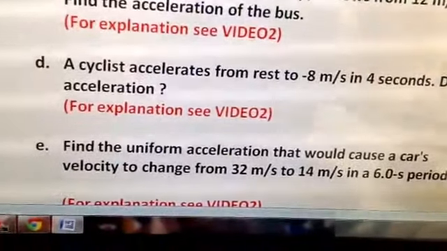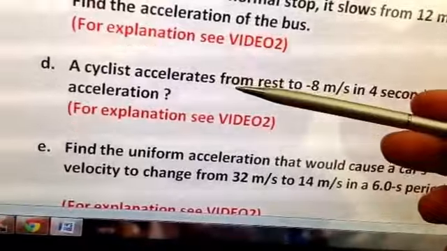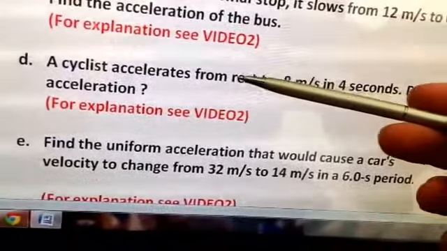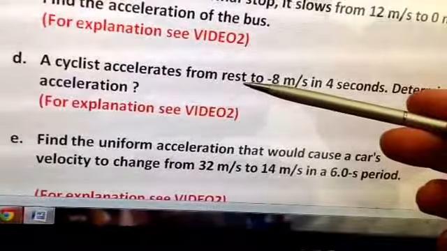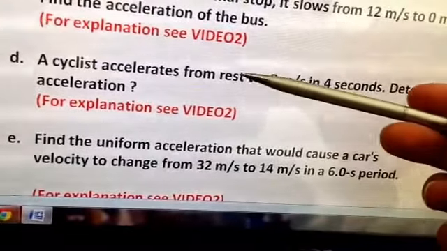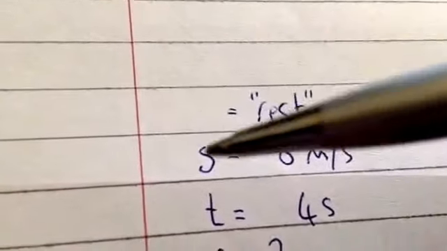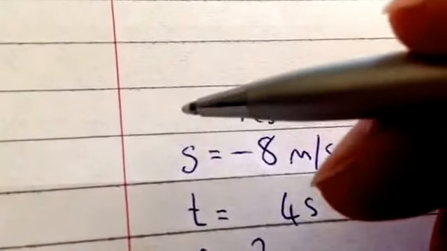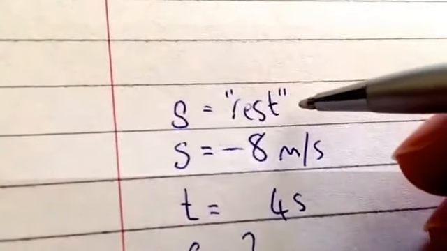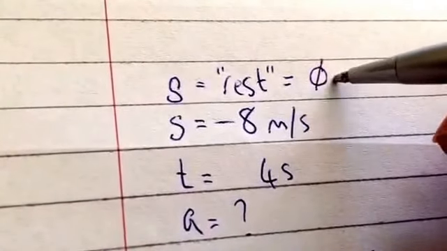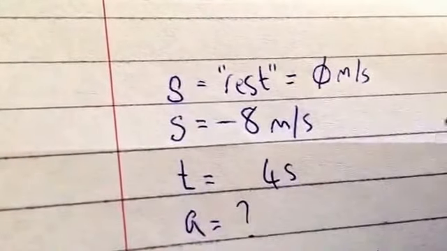In the question it actually says from rest to minus 8 meters per second. So rest here, although it's in words, is actually talking about a speed. What speed in number could rest be? 0, because it's not moving, it's resting.